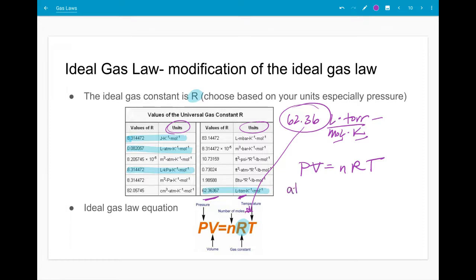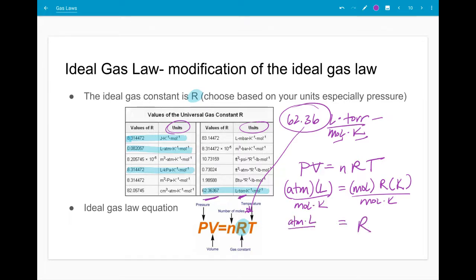Let's say my pressure is in atmospheres, my volume is in liters, moles, R, and temperature in Kelvin. We're going to isolate that R by itself. And that way you can see all these units are just to allow for all these things to cancel out. Okay, and so that's how that 0.08206 R would come to be.